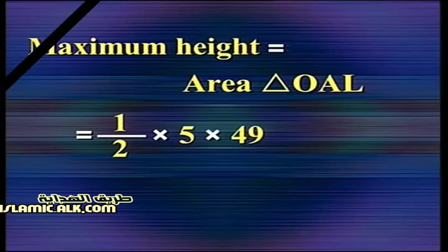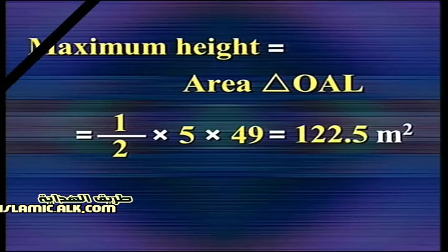Half times 5, the time, which is the base OA, times the height OL, which represents the velocity 49. Half times 5 times 49, then we find the maximum height is 122.5 meters.